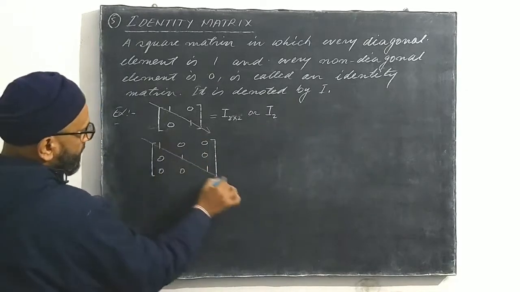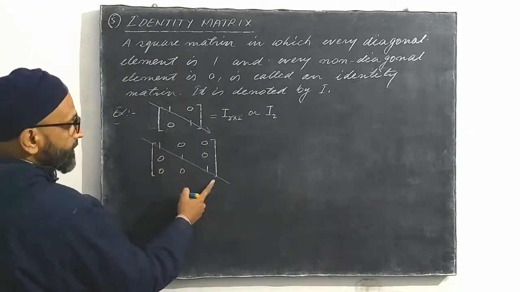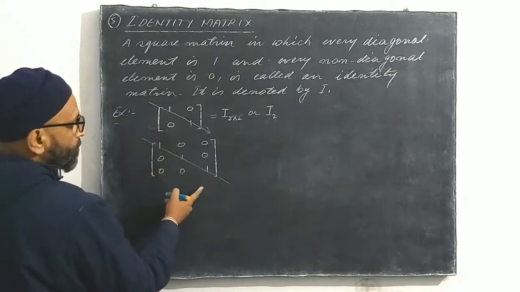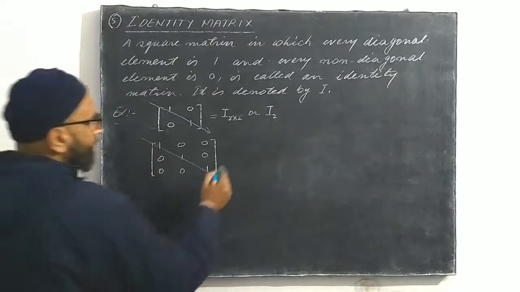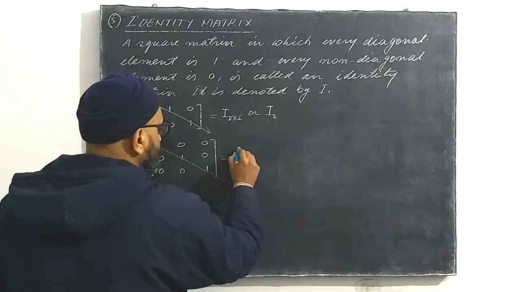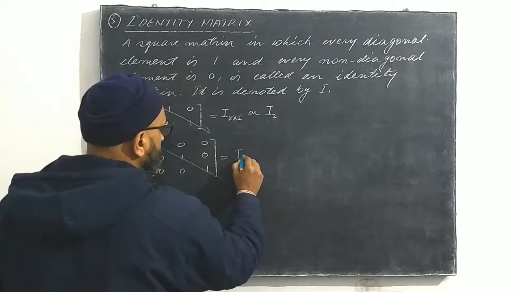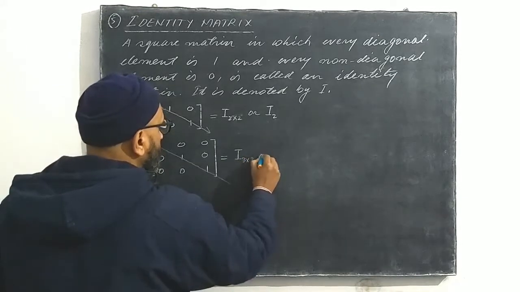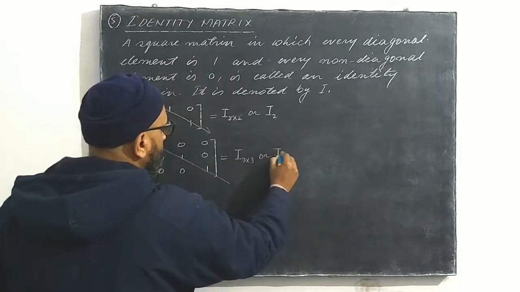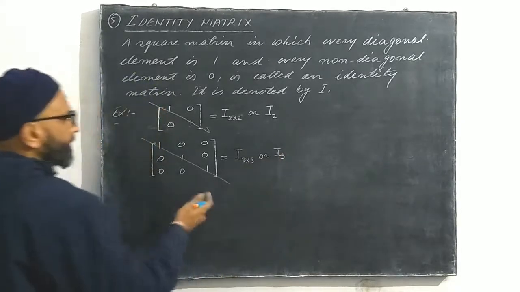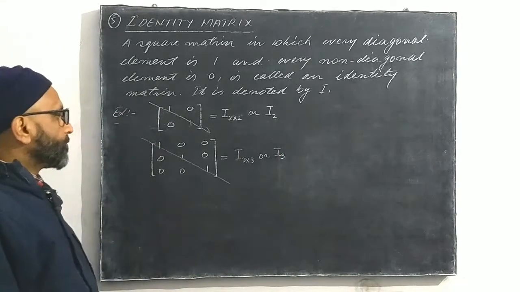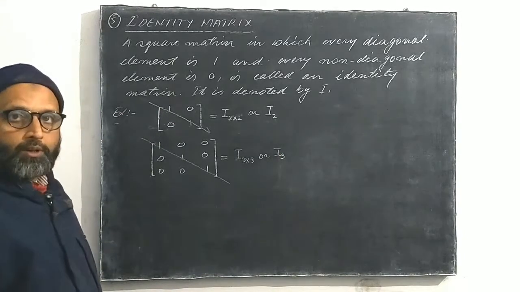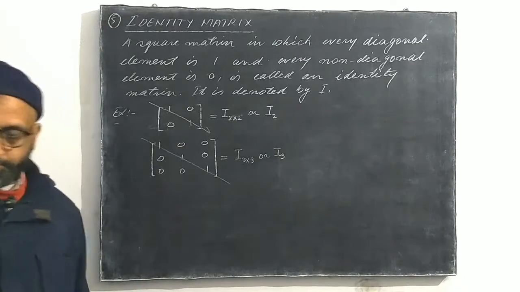As you see, every diagonal element is 1 and every non-diagonal element is 0. So this is an identity matrix of 3 by 3 order, denoted by capital I 3. In the same way, we may write the identity matrix of 4 by 4 order or 5 by 5 order or any other order.